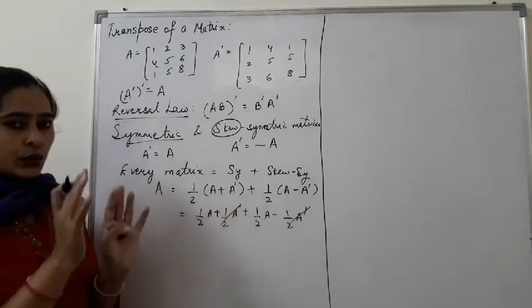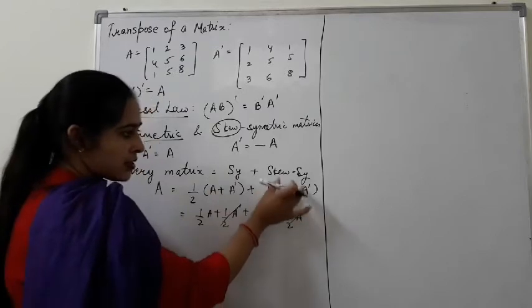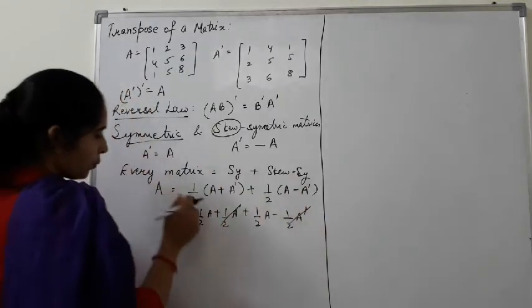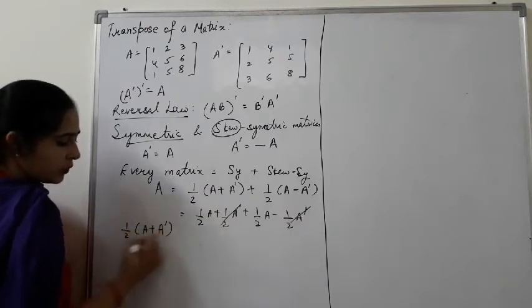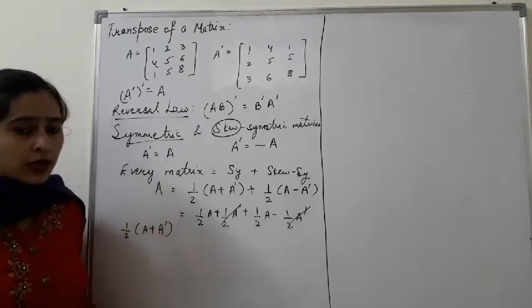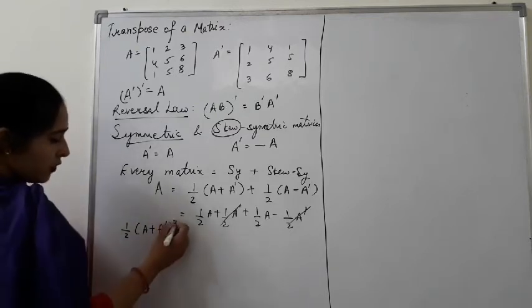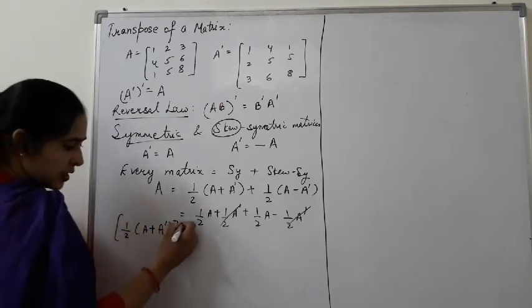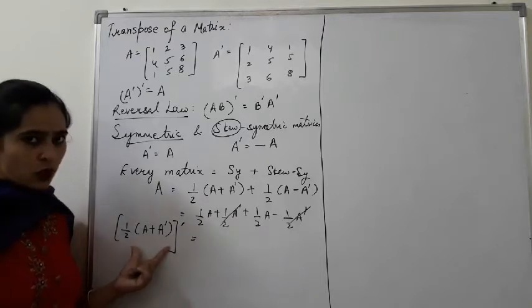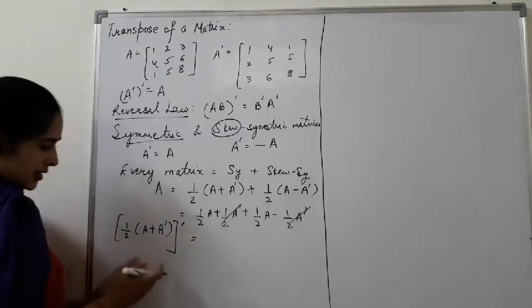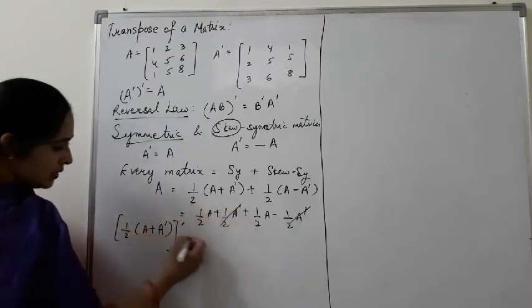Now I shall show you that this part is symmetric and this part is skew symmetric. First I am going to prove half of A plus A dash is symmetric. A matrix is said to be symmetric if the transpose of the matrix is equal to itself. So we shall calculate the transpose of this matrix. If the answer is this matrix itself, then this part is symmetric. Now let us see.